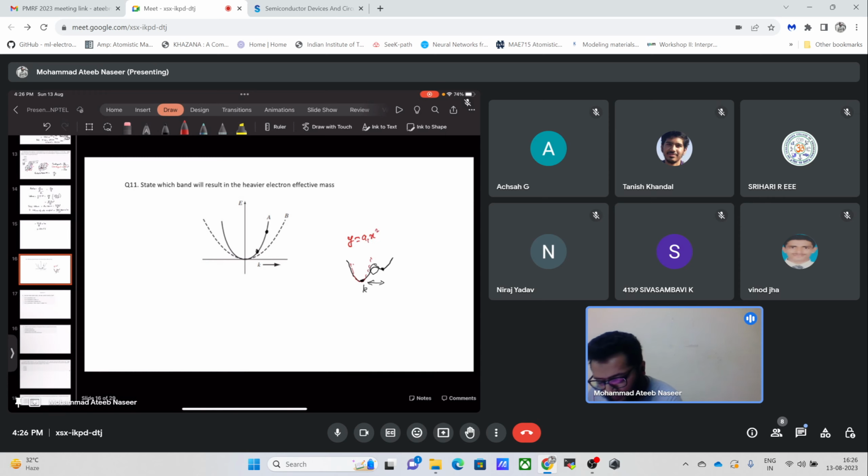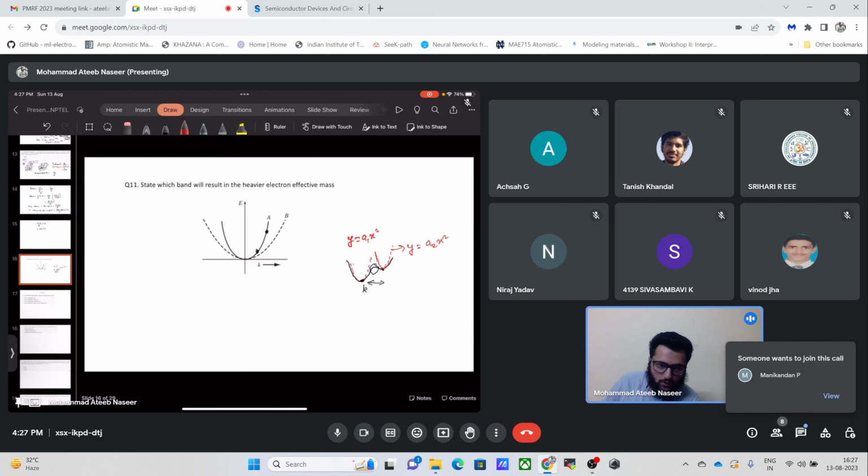When I fit the other region, it will have y equal to a2 x square. So when I fit these conduction band regions with parabolas, I get different slopes.